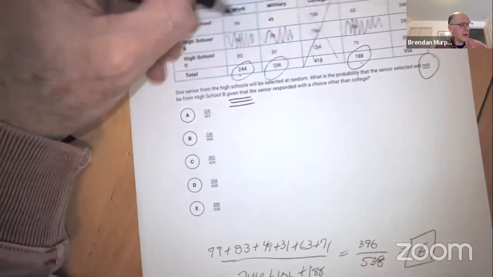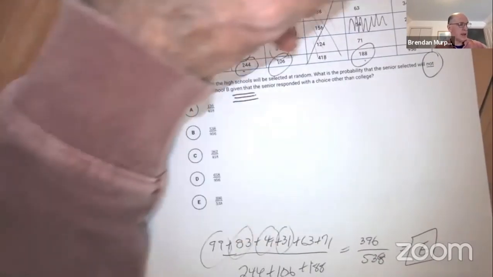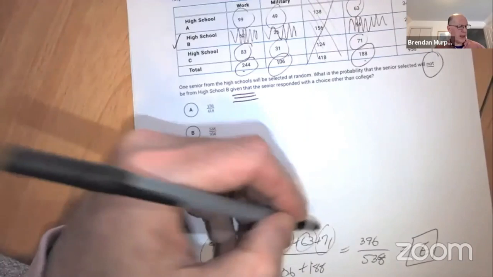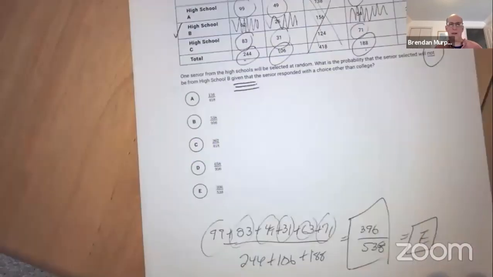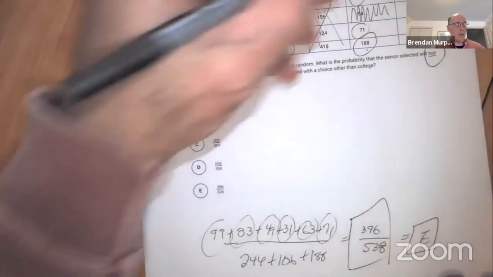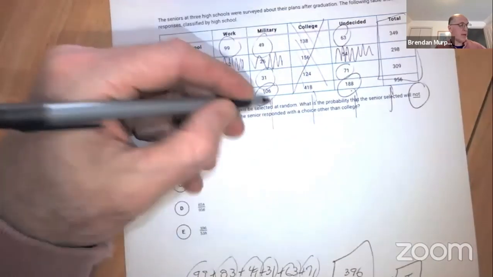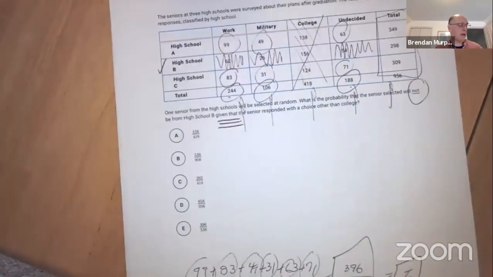So it looks like I need those 99 students and those 83, and I need those 49 and those 31. I need those 63 and 71. And if I did my math correct, I get 396 over 538. So two-way table. Again, these totals were given to us. If they weren't given to us, I think it's well worth your time to add those in typically.